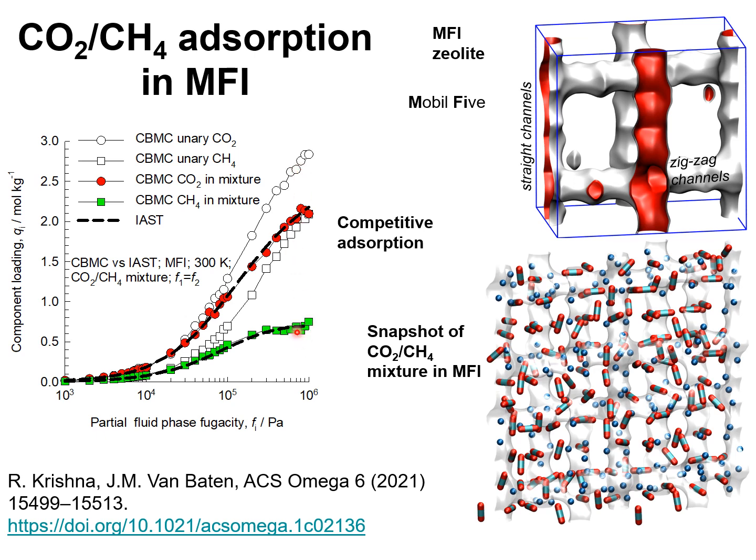The same is true for methane, but the reduction is significantly larger for methane because in the competitive adsorption, CO2 is preferentially adsorbed, and therefore the methane loading in the mixture is reduced to a significantly greater extent than the corresponding reduction for CO2. So this is a typical picture of competitive adsorption.